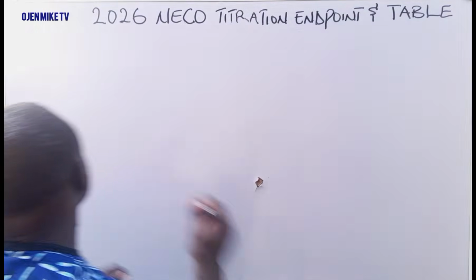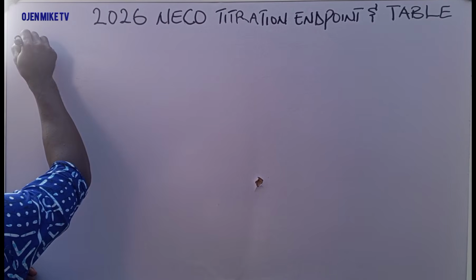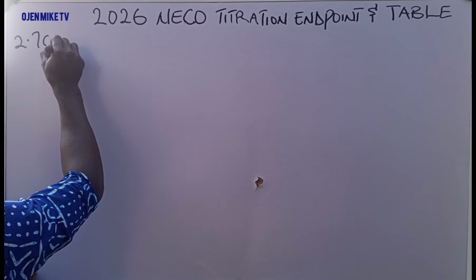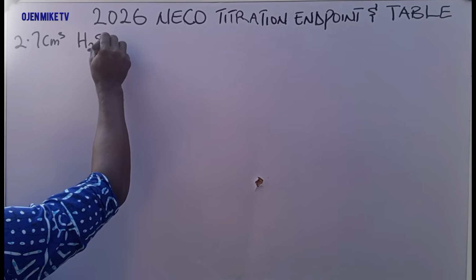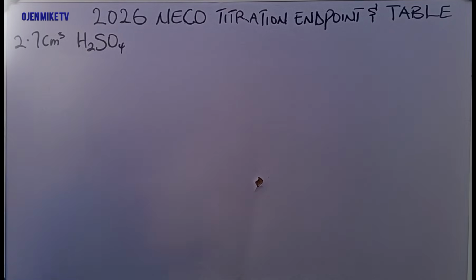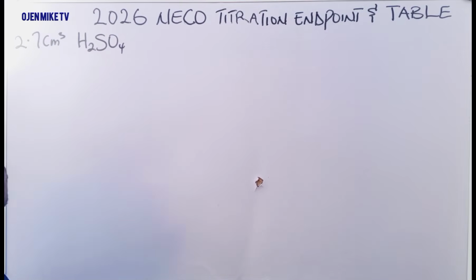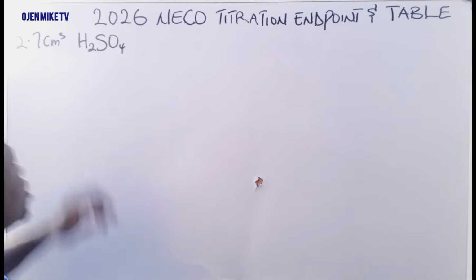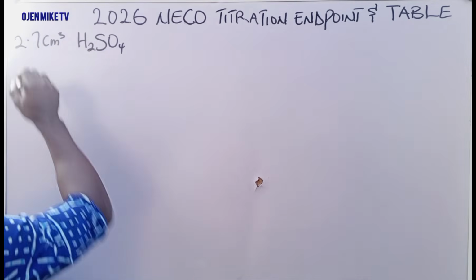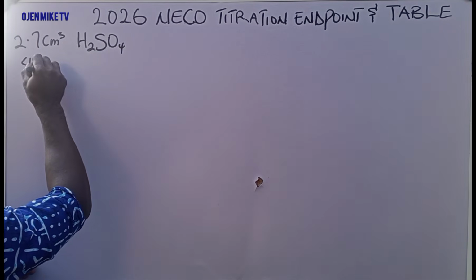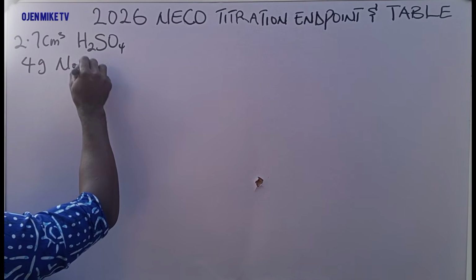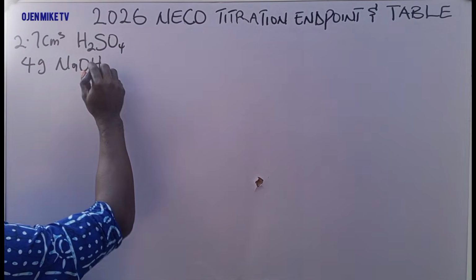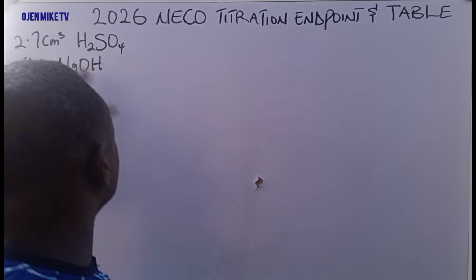We are asked to dissolve 2.7 cm cubed of H2SO4 in what? We are going to make 1 dm cubed of this acid. They will now use it and titrate against 4 grams of sodium hydroxide. These are the two things given.